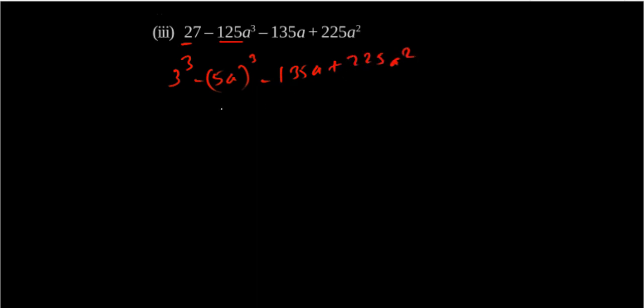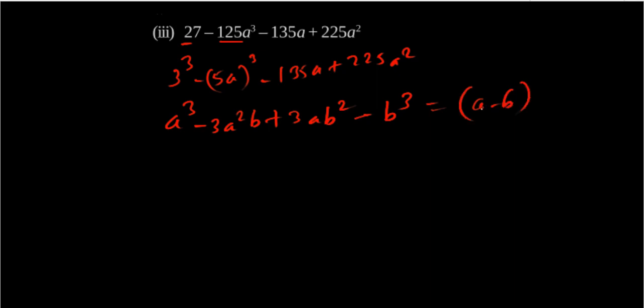If we keep those things as it is, if we write the identity, a cube minus b cube minus 3a square b plus 3ab square, this is of the form (a minus b) the whole cube. So in place of a we have 3 and in place of b we have 5a.